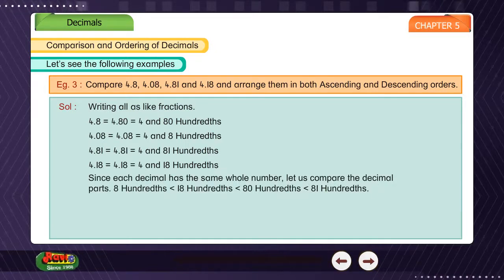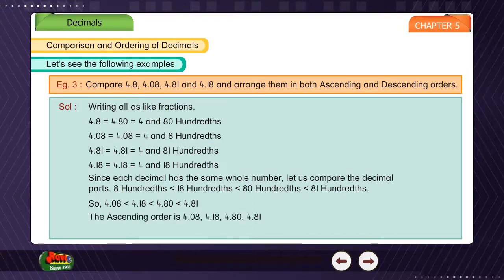Since each decimal has the same whole number, let us compare the decimal parts. 8 hundredths is less than 18 hundredths is less than 80 hundredths is less than 81 hundredths. So 4.08 is less than 4.18 is less than 4.80 is less than 4.81.